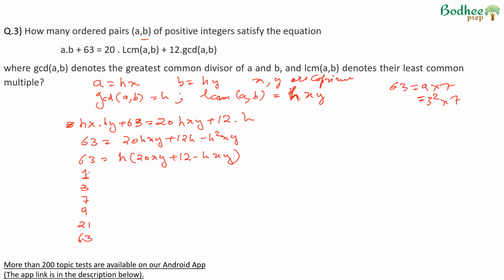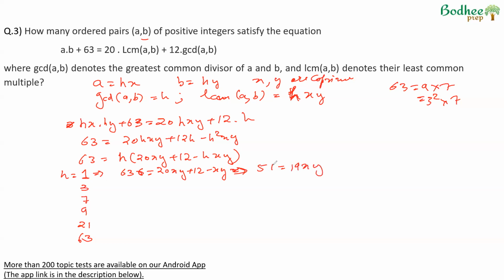What we'll do is we'll take H to be one of these values one by one. If H is equal to 1, we can write 63 is equal to 20xy plus 12 minus xy, which means 63 minus 12, which is 51, is equal to 19xy.